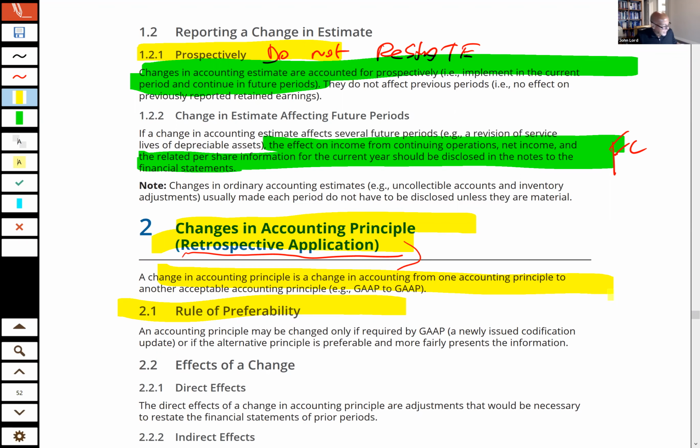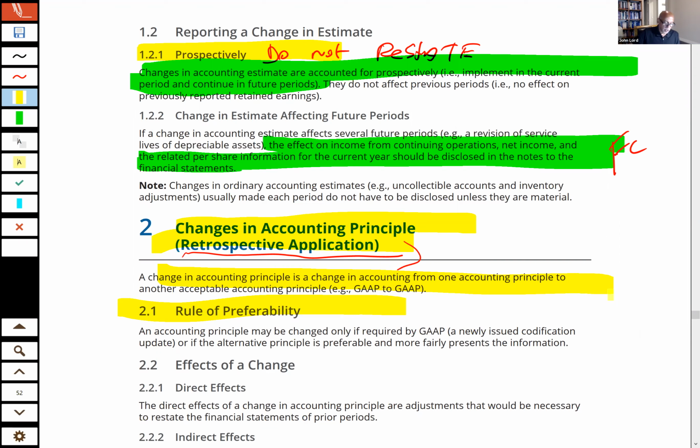An auditor's not going to sign off on the change if they came and said, auditor, I heard we could get a better net income if we do this. Is that true? Because that's why we want to do it. No, they have to be saying, hey, look, we've looked at this, at least have to talk the talk, and this is going to be a preferable way of presenting things.